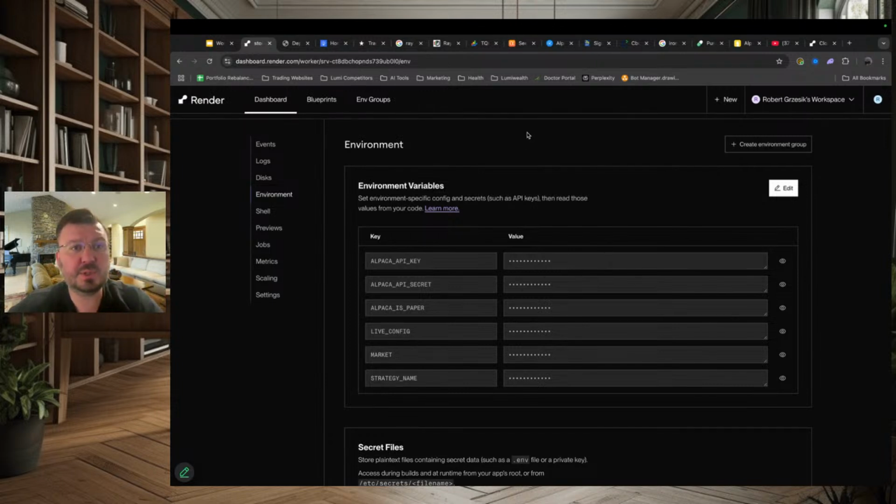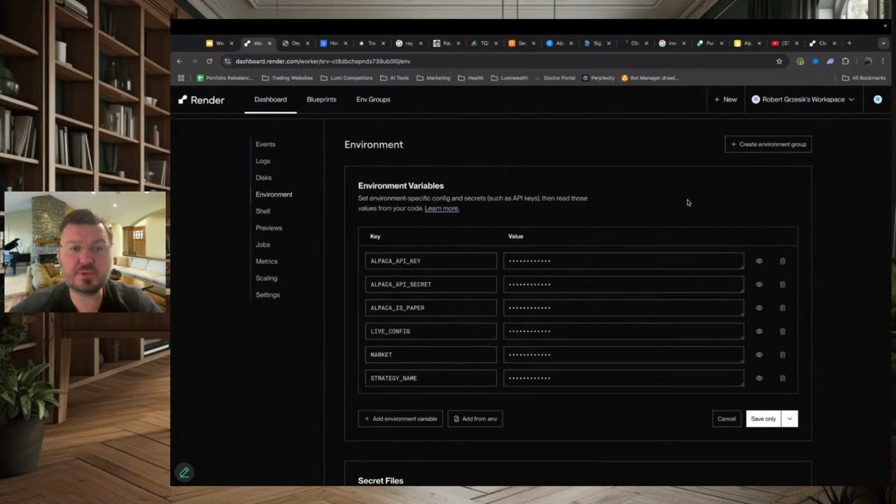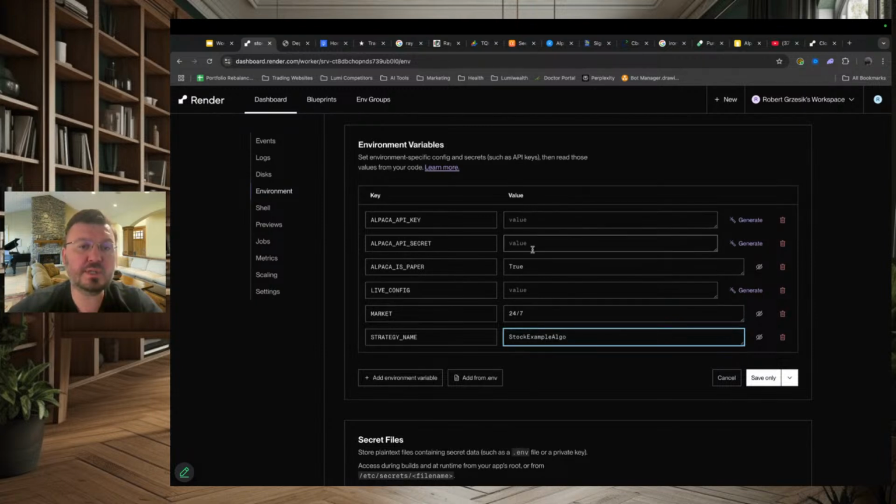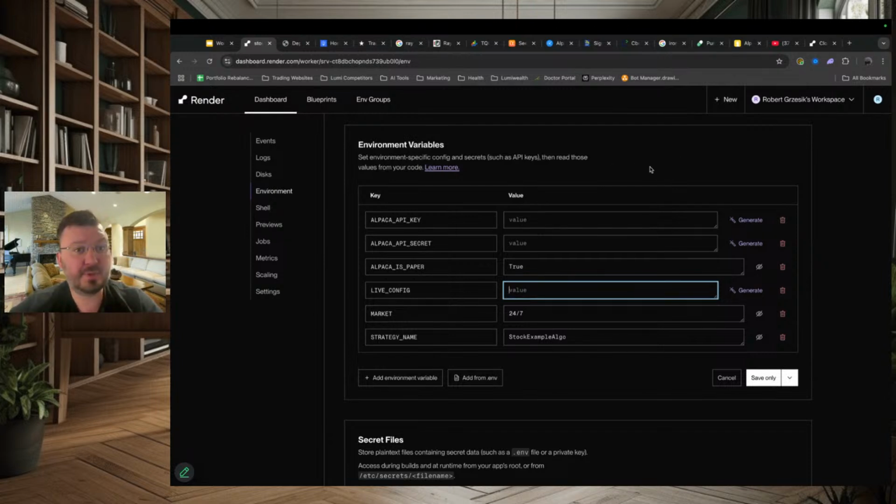So once you're here, we want to hit edit to edit these environment variables. You see here, these are all blank. So we want to fill in all these blank spaces, so 1, 2, 3 blank spaces. So let's do that.